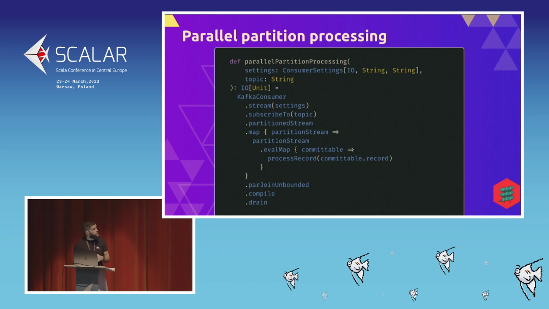Also, here you can see that I've used the KafkaConsumer.stream method to create the consumer in a stream context instead of a resource. But no matter which approach you prefer, you have to subscribe to a topic first before running the stream. And if you forget to subscribe, there will be a NotSubscribedException raised in the stream. So that is a pretty important part.